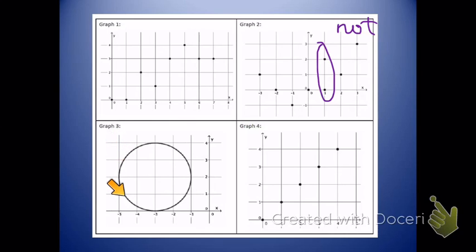It does not fit the definition of a function. Whereas these inputs down here would be. This looks like a linear equation, and each input has a unique output. So graphs 1 and 4 are functions, and graphs 2 and 3 are not.